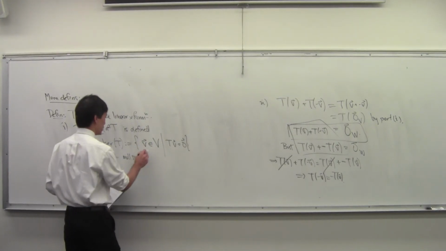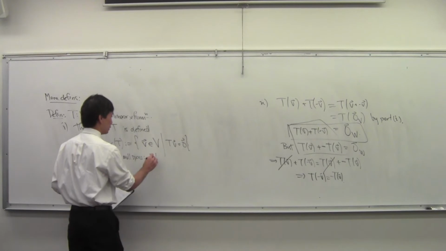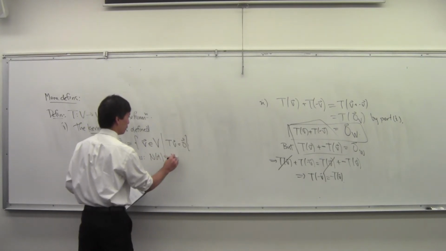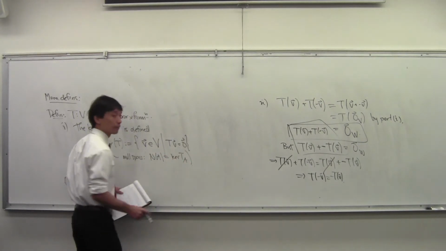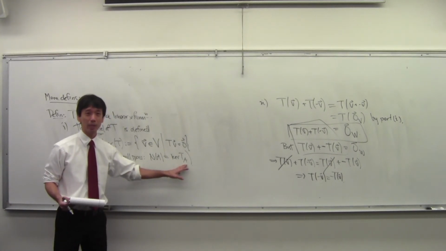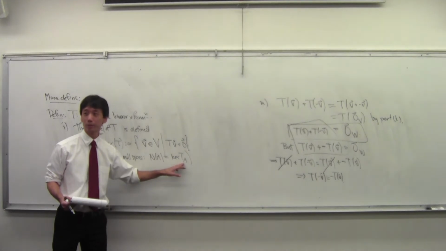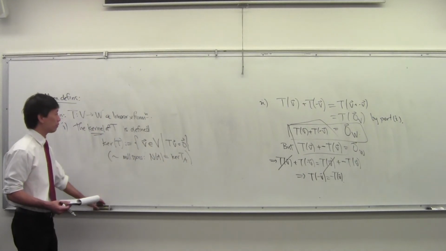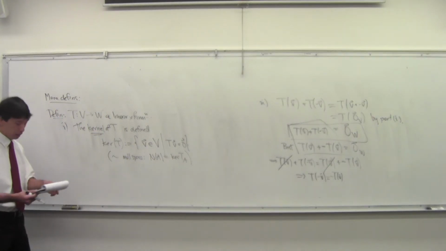The null space of A is the same thing as the kernel of T sub A. Everything that, when multiplied on the left by A, gets sent to 0.